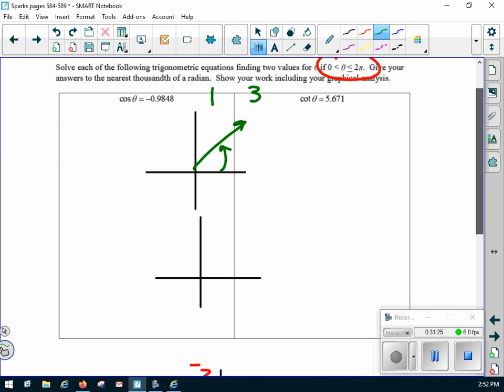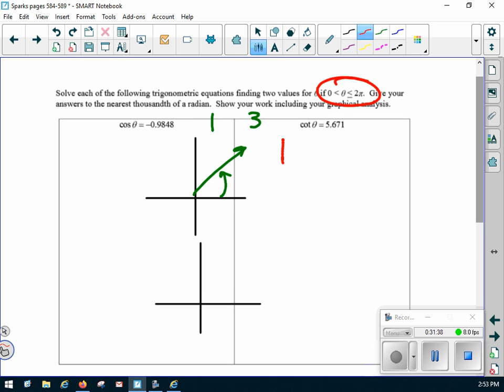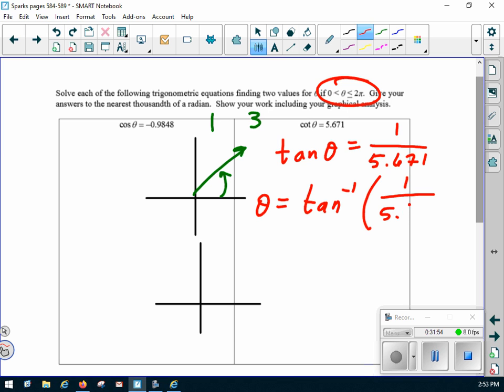Let's go after this angle in quadrant 1. What am I going to do in my calculator, because I don't have cotangent? So what is the tangent of this angle? So what is theta? Good. Tan inverse of, okay, run it.